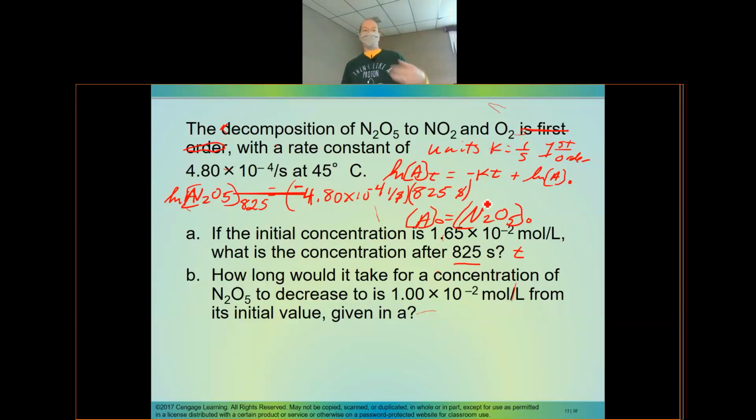It can be minutes or hours or days or years or whatever, it just has to be the same. Most of the time it's going to be seconds, but not all the time. And then plus the ln of the initial concentration that they gave us, which was 1.65 times 10 to the minus 2. Then you just push the buttons on your calculator and you get your answer.